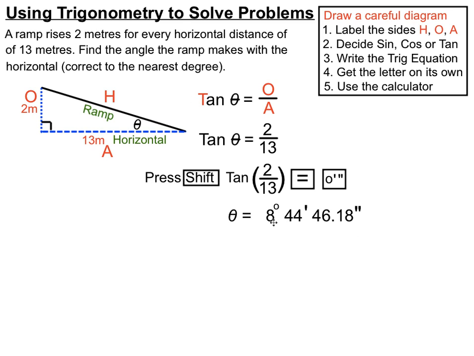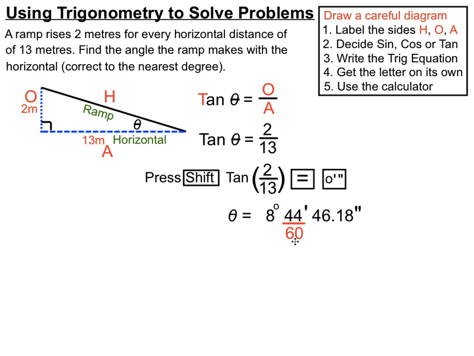Now to round it off to the nearest degree, we have to check the next section and see if it rounds up, if it's more than halfway. Now we have to remember from a previous video that once they're in this setting, the format of degrees, minutes and then seconds, the second and third sections here are out of 60.